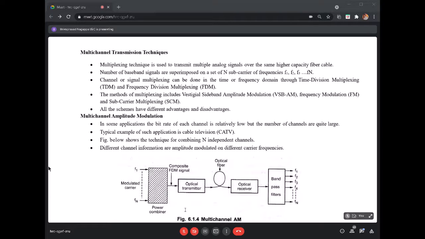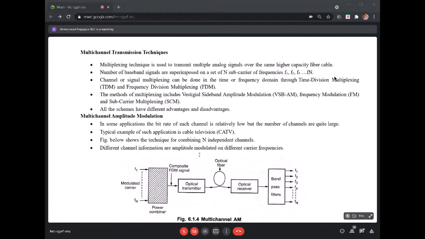But now, as you all know, by sending a single signal per channel, resources will be wasted. So what we can do is group the signals of different frequencies. Here you can see baseband signals F1 to Fn superimposed electronically, and they will be processed.